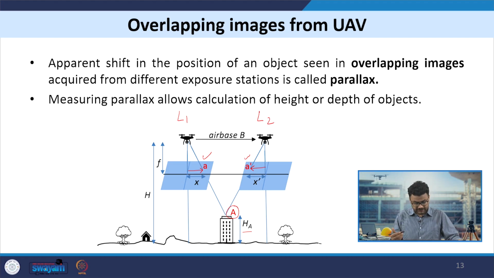You can also see that this parallax is related with the height of the object. So, taller the objects, more parallax we see. It is important to note here that a point must be visible in at least two images to calculate its elevation. That means images must have an overlap or a common region, and only for the common points visible in the overlapping region can their height be calculated.